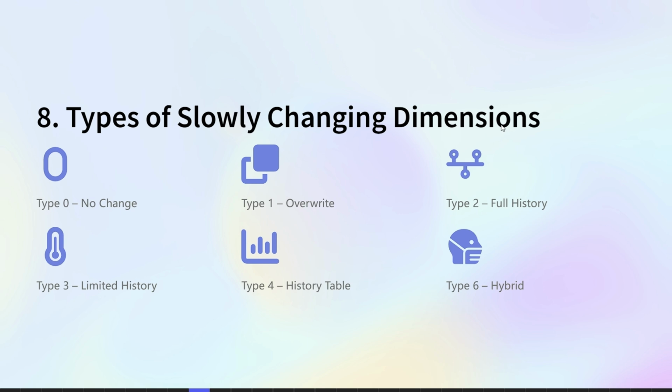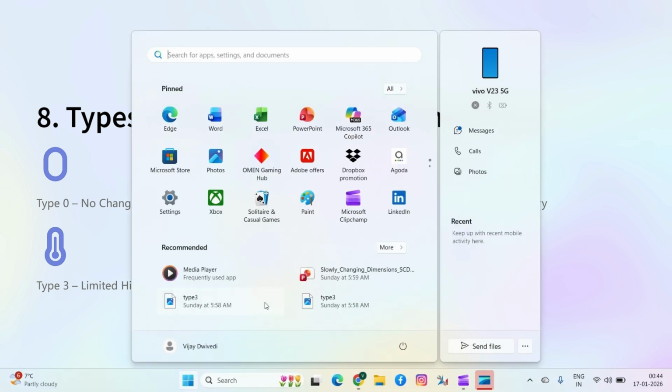Now understand how SCD works with the fact and dimension together. We can understand this step by step, before the types. For example, I can show you with some data.